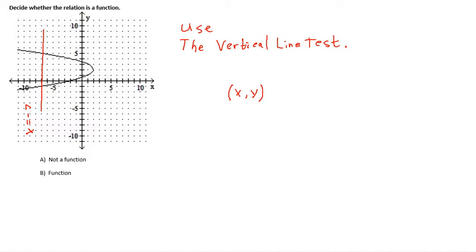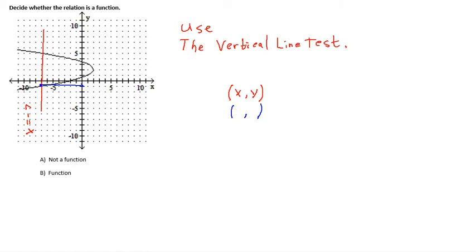If I was to show you an ordered pair for where this value of x intersects, we would see that this point, this blue point on the graph, has an x value of -7.